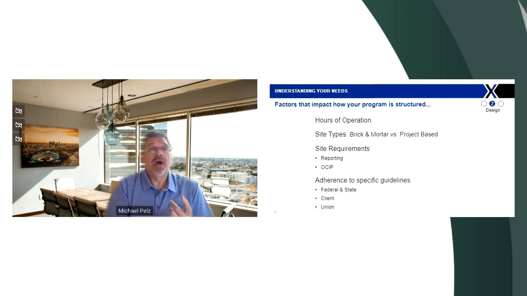You have to look at whether there are going to be drug and alcohol requirements. You may also go and work on a project site that is managed through an owner-controlled insurance program, or an OCIP. That changes things. So beyond that corporate policy, you need to make sure that you have site safety plans and your injury management program set up accordingly so that you can take all of these into account.